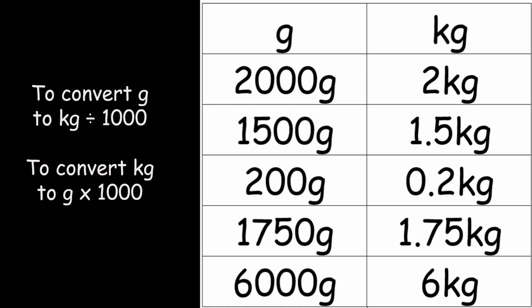So here are the answers. As you can see, 2,000 grams needed to be divided by 1,000 to get 2 kilograms. 1.5 kilograms needed to be times by 1,000 to get 1,500 grams. 0.2 kilograms needed to be divided by 1,000 to get 200 grams. 1,750 grams needed to be divided by 1,000 to get 1.75 kilograms.